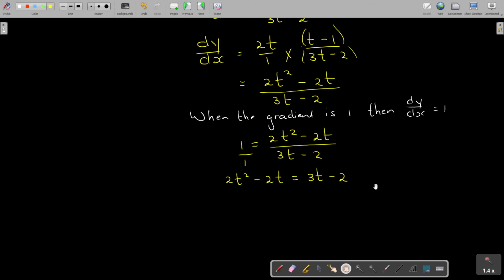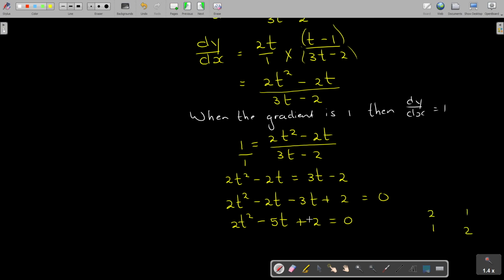Okay. Then I'm taking everything to one side. So 2t squared minus 2t minus 3t plus 2 equals 0. And that's 2t squared minus 5t plus 2 equals 0. Okay, I factorize 2, 1, 1, 2 because it's in group A, positive. So it's 4 plus 1, it's 5.